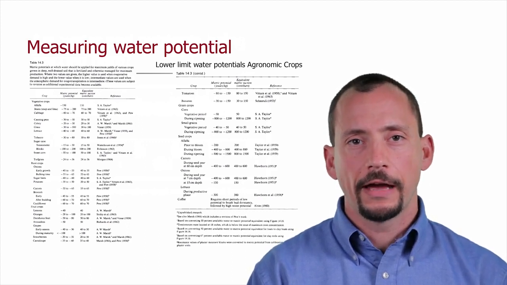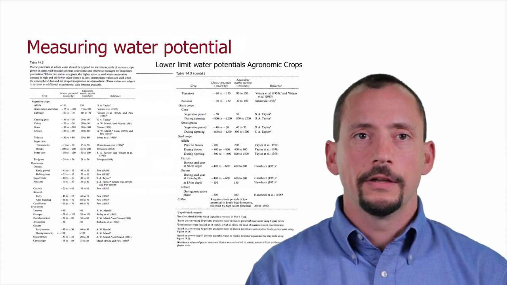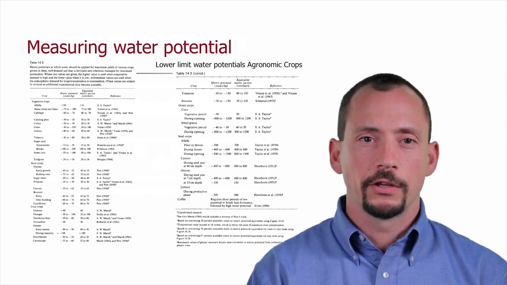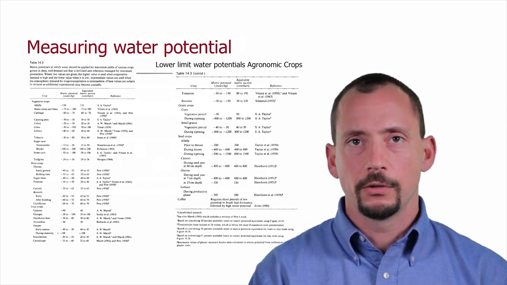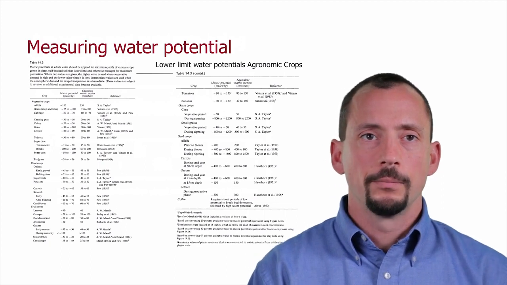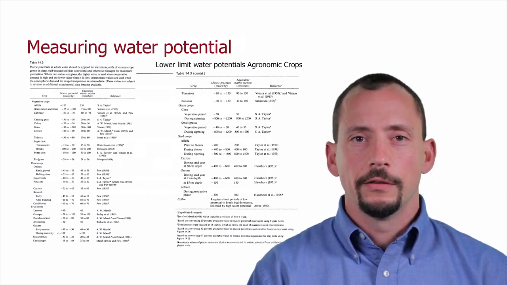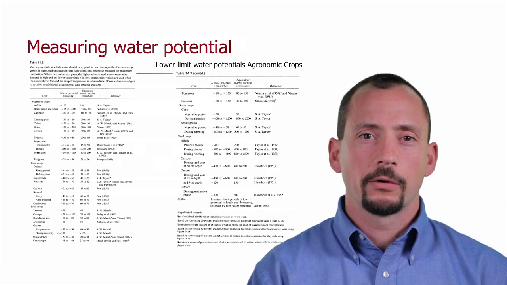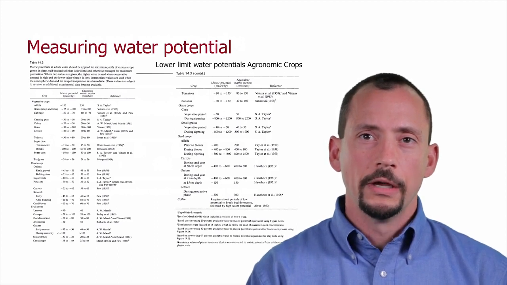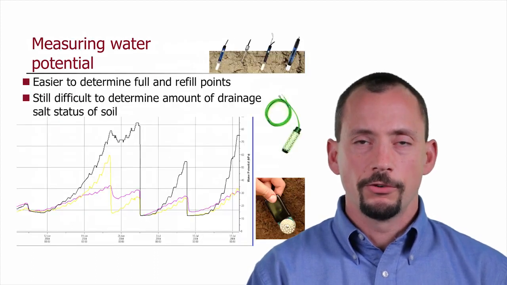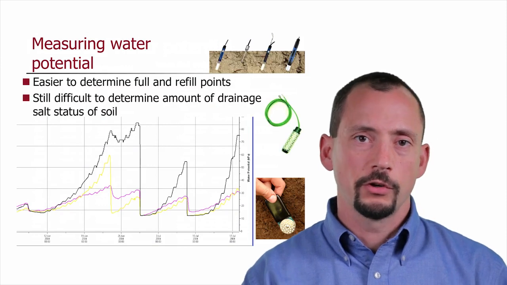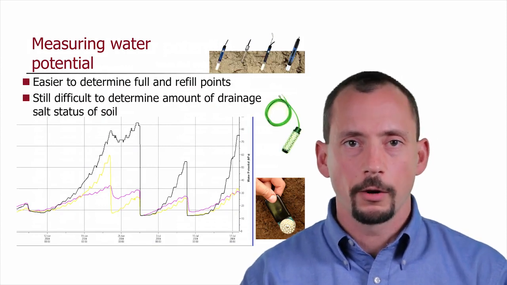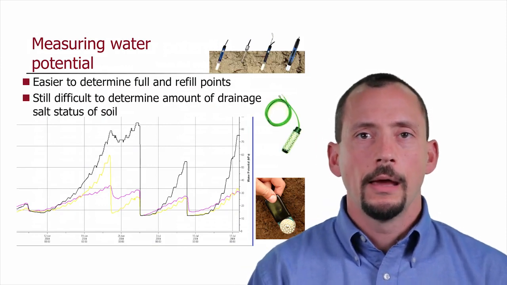There's a large body of agronomic literature that tells you the water potential levels that are optimal for different crops, and you can see some of these references here. So it really is easier to determine full and refill points, because those points are the same water potential in all soils.